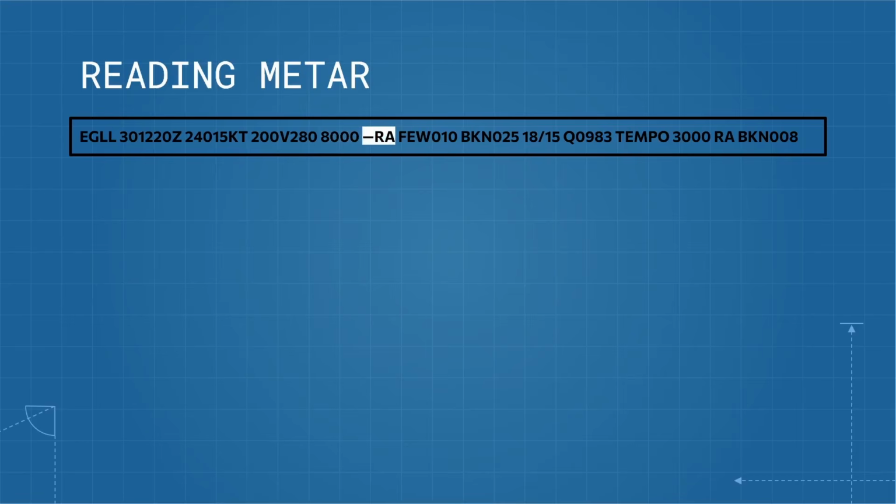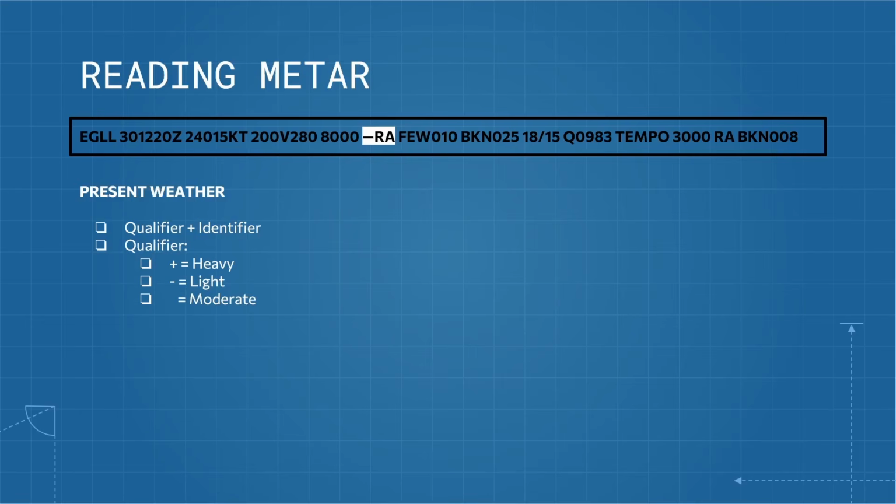The next section is the present weather at the aerodrome, such as rain or fog or hail. It's given in the format of a single character qualifier plus a double character identifier. The qualifier is either a plus, indicating a heavy variant, a minus, indicating a light variant, or nothing, indicating a moderate variant.